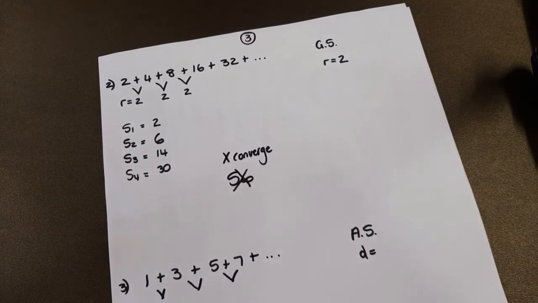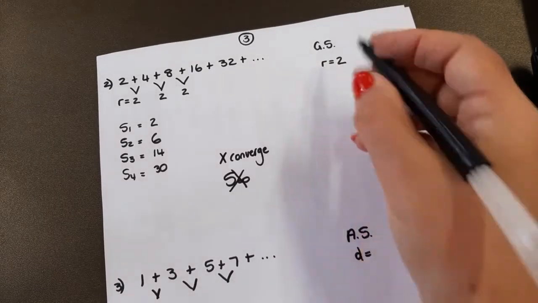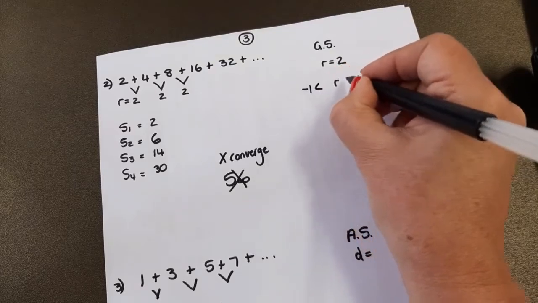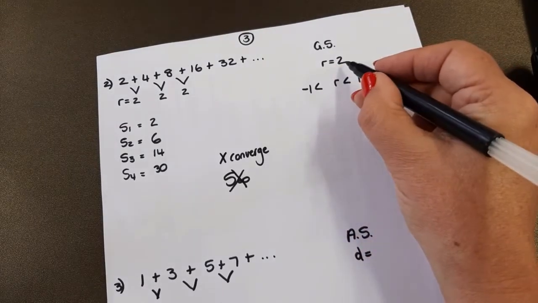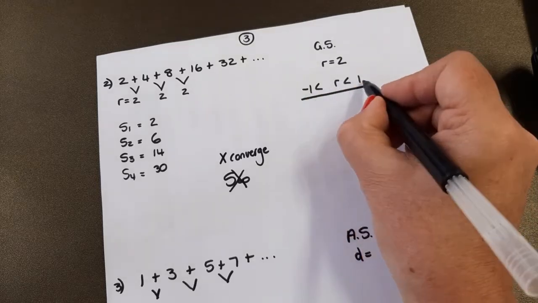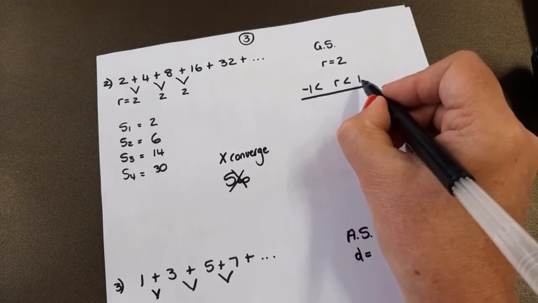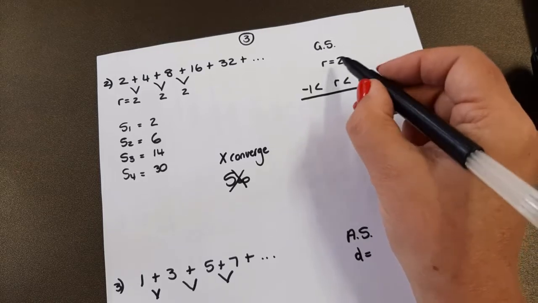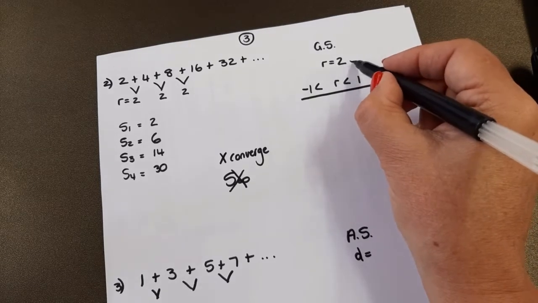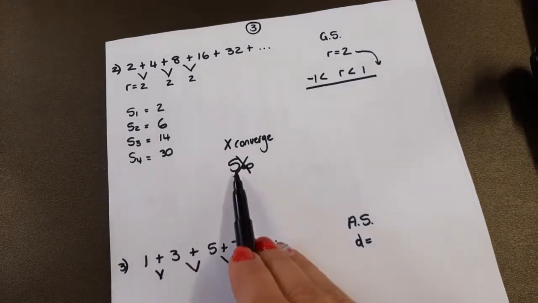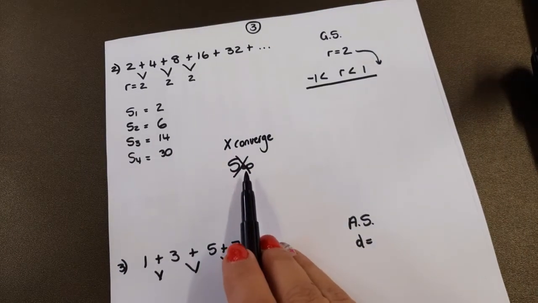We could also have looked at r. Does r lie between 1 and -1? No. Only if r is between those two values, you will get an answer for the sum of infinity. In this case, r lies outside that range, so we can't get the sum of infinity.